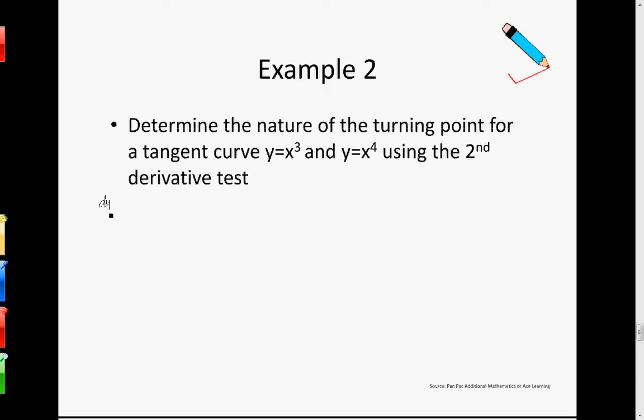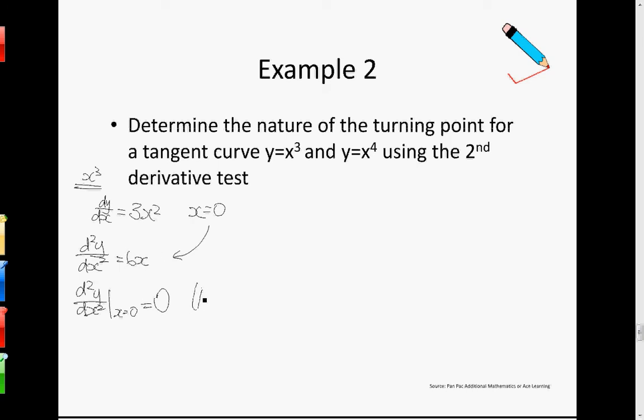First find the stationary point: dy/dx of x cubed is 3x squared, so the stationary point is at x equals 0. Then d2y/dx squared is 6x, and when I sub in x equals 0, this equals 0.